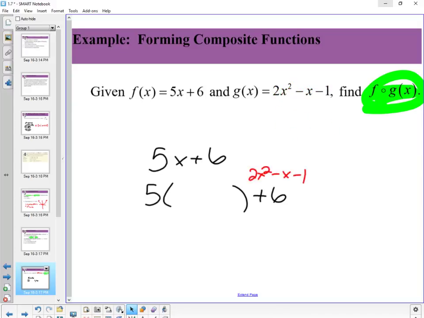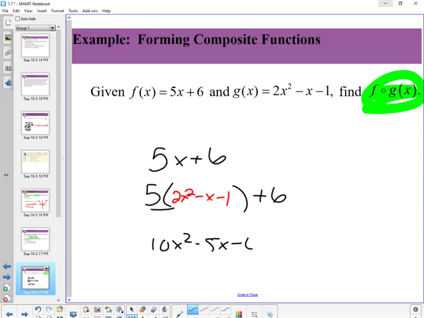I'm going to take that, transfer it in here, and then I'm going to go ahead and expand that and clean it up and simplify. 5 times 2 is going to give me 10x squared minus 5x minus 5 plus 6. So I've got 10x squared minus 5x plus 1. This is f of g of x.